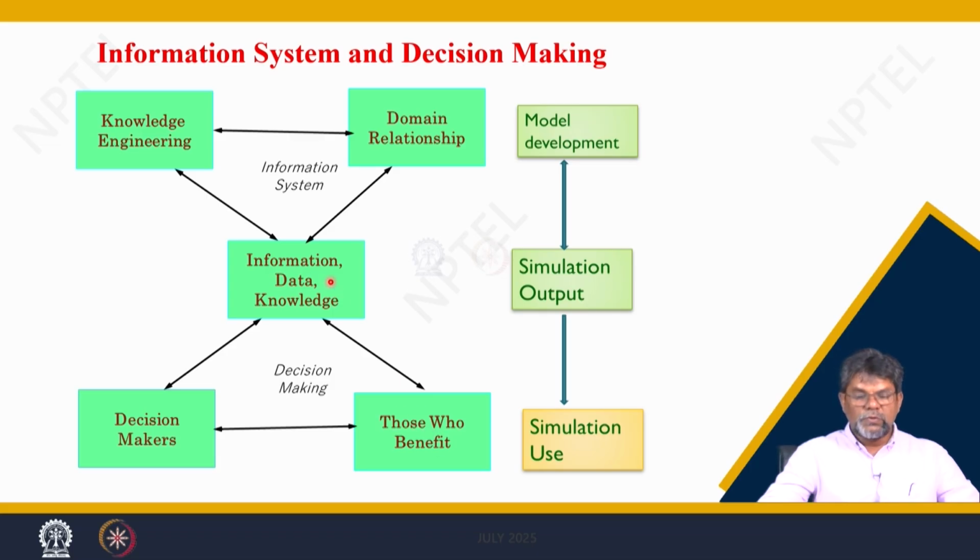This information should percolate to the end users. That is, the simulation output should go to the simulation users. Once you have a model developed, you can get the output. It is a very quick process, but between the simulation output and the end user there is a huge gap. This gap has to be bridged.